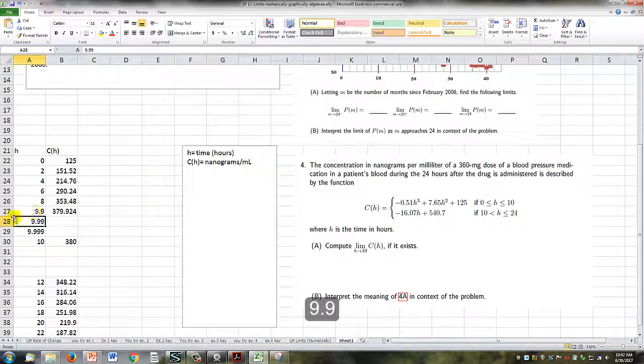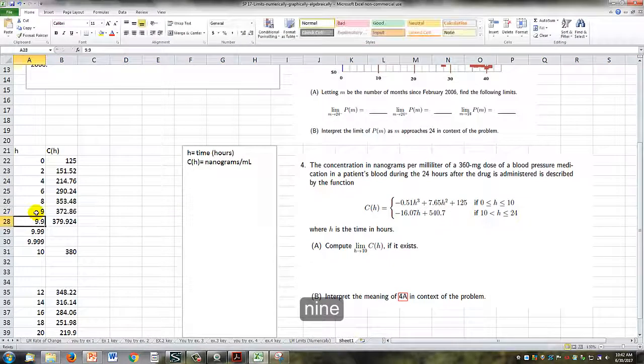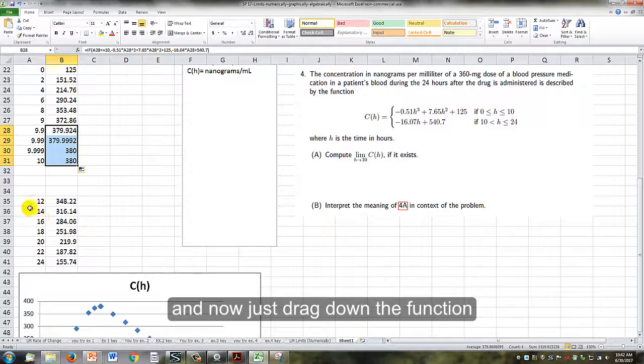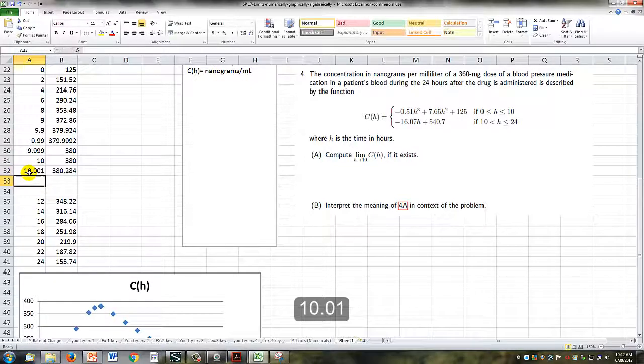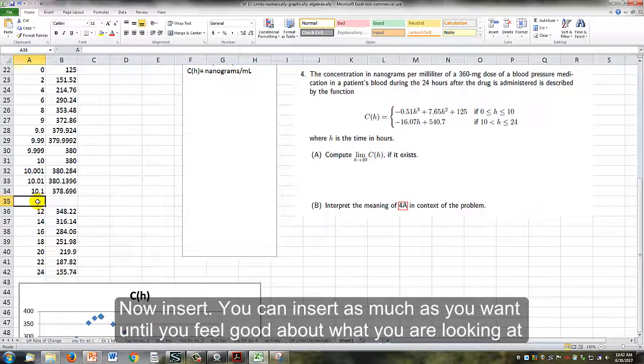9.9. Maybe I'll insert 9. And I'll just drag down the function. And then close to 10 from the right would be 10.001. Maybe I'll insert. You can insert as much as you want until you feel good about what you're looking at.